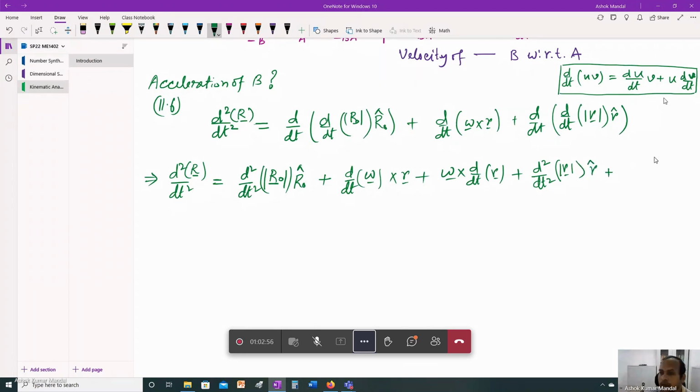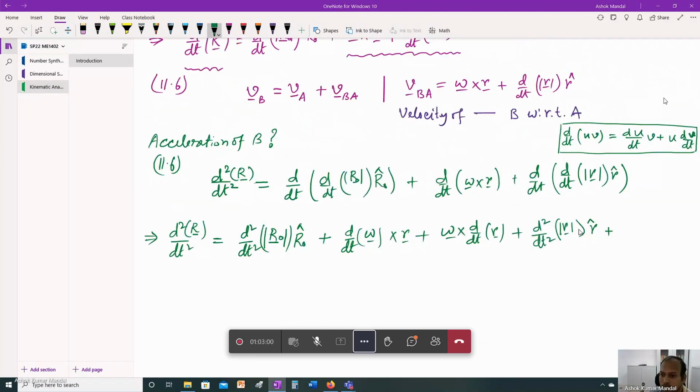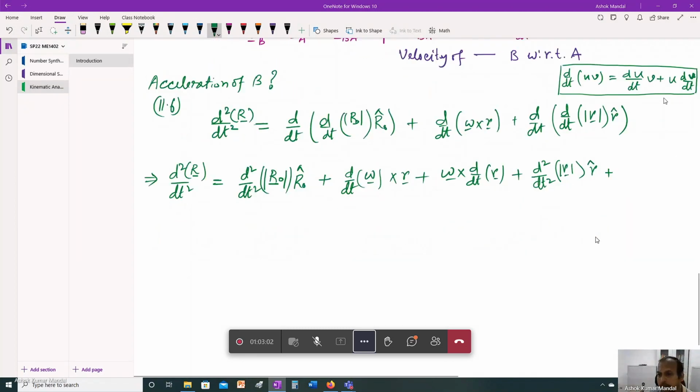But this R is no more fixed; this R is a rotating vector, is it not? Hello. So we will get another term here. What is that term? The first term is the derivative of the magnitude. Now we have to take the differentiation of this unit vector. What will be the differentiation of this unit vector?